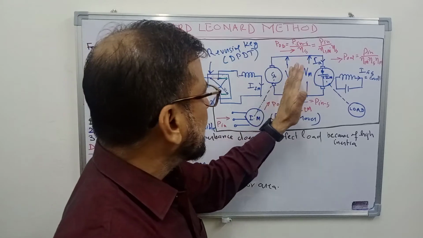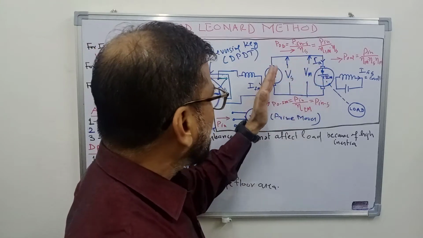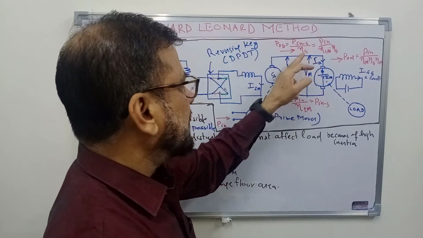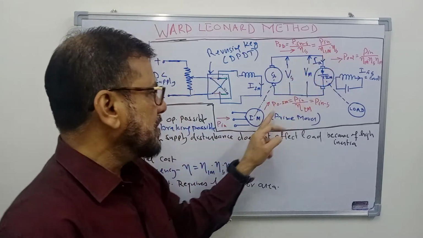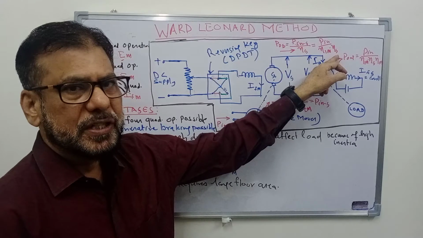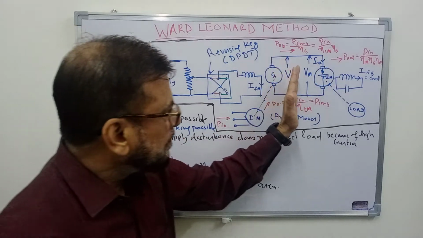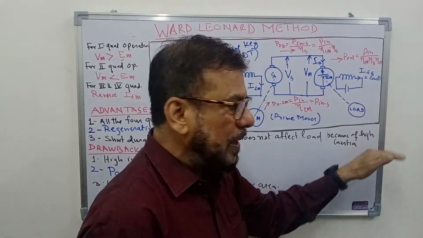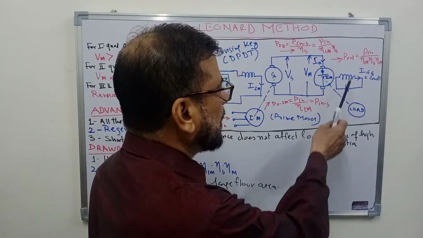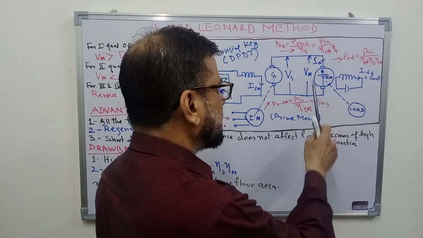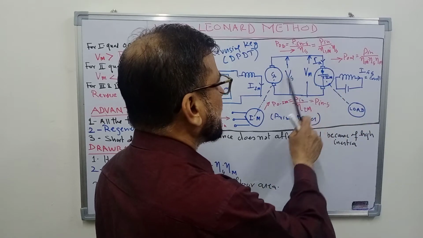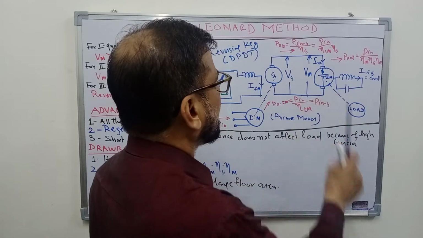Output power of this generator will be input power multiplied by the efficiency of the generator, and that will be equal to P in times efficiency of induction motor multiplied by efficiency of DC generator. And this power will be again converted into mechanical power. So output power here will be input power multiplied by the efficiency of this motor, and input power here is this.